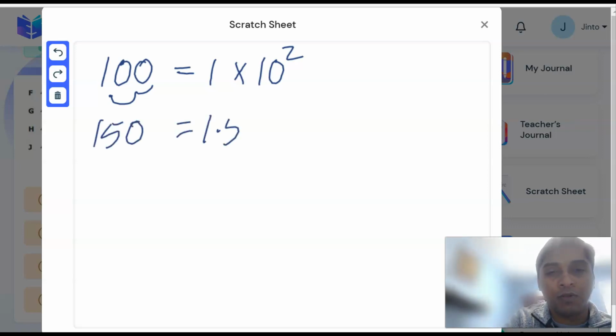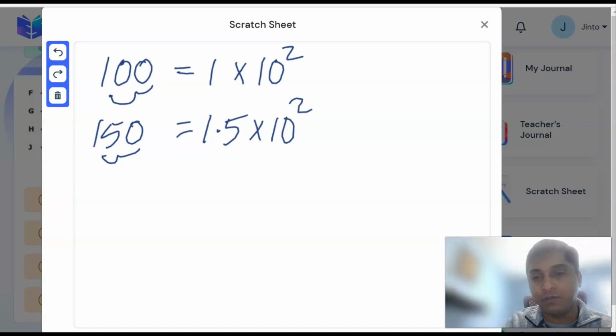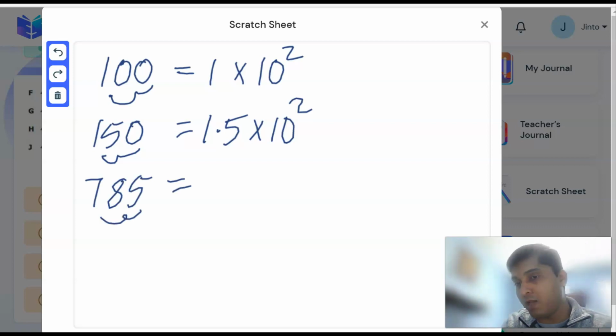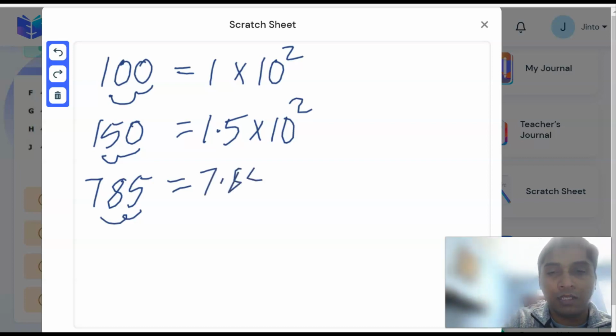You can write 1.5, but still you moved 2 decimals, so 10 to the power of 2. If you want to write 785, you moved 2 decimals to the left, therefore you will have a positive exponent: 7.85 times 10 to the power of 2.